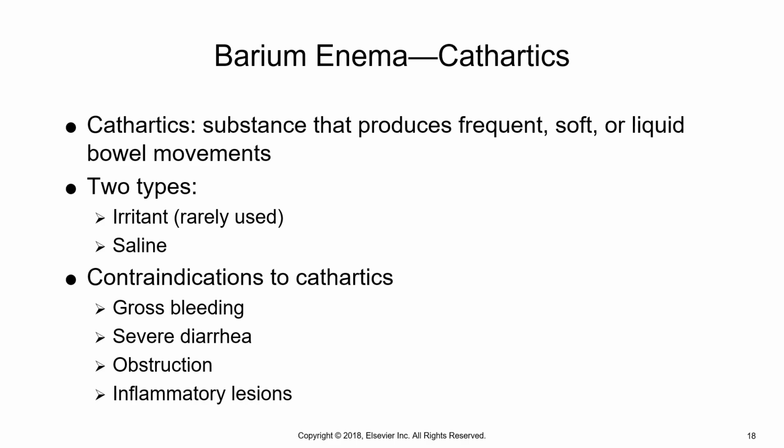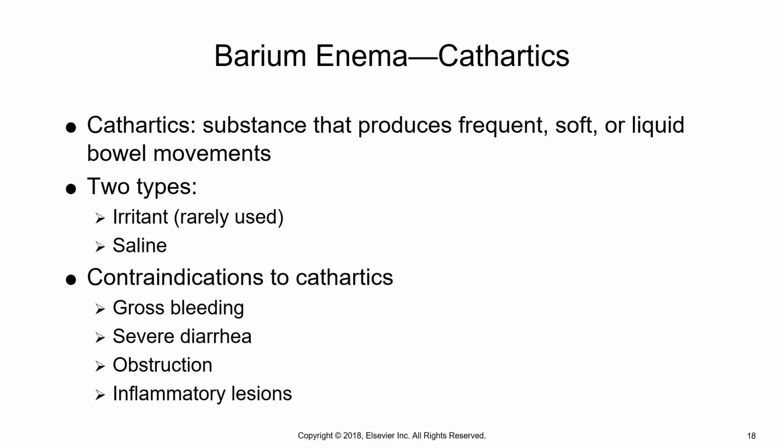The laxatives or cathartics that are used, typically there's two different classes. The first one they mention is the irritant laxatives, and those are typically like castor oil. They say they're rarely used, but honestly, some GI docs do still like that, and they tend to go with that.